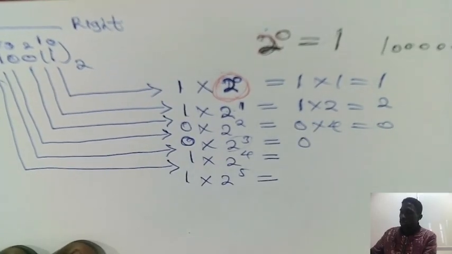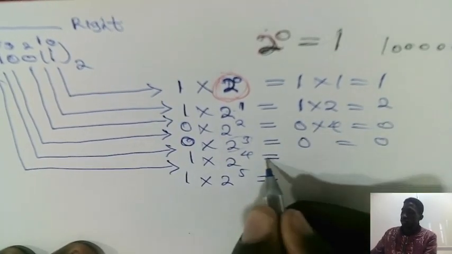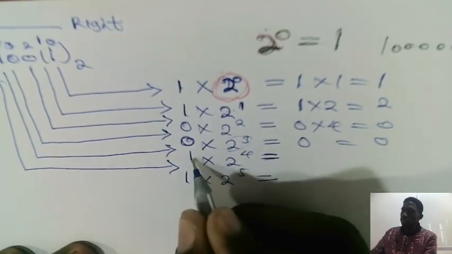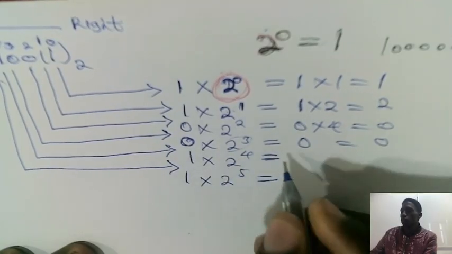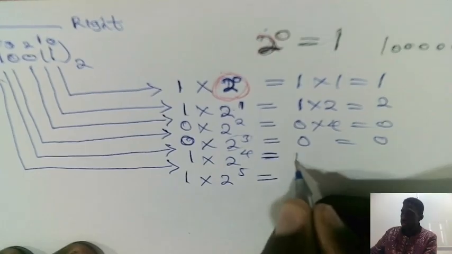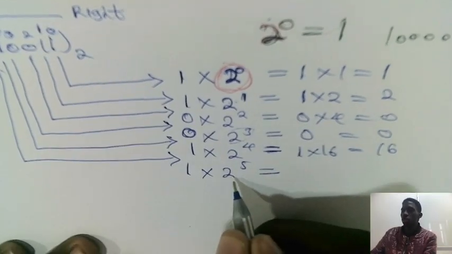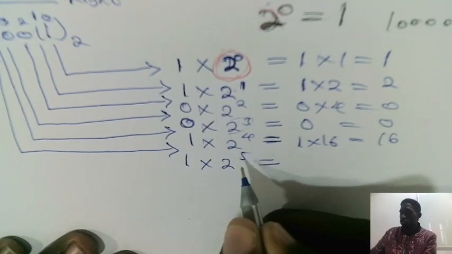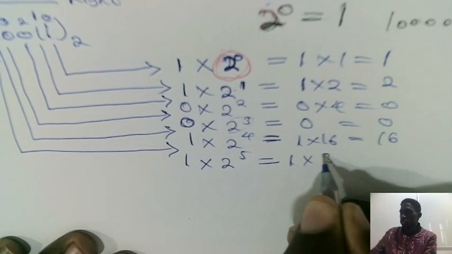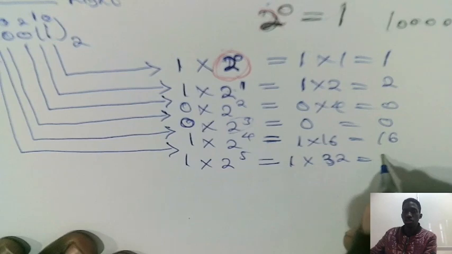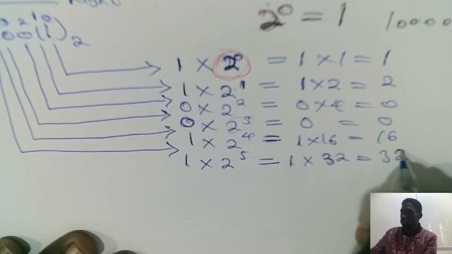So you just have a 0 there. Here we have 1 times 2 to the power 4. 2 to the power 4 is 16, so we get 16. And here 1 times 2 to the power 5. 2 to the power 5 is 32, so we got 1 times 32 giving you 32.